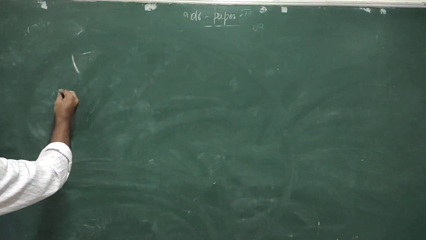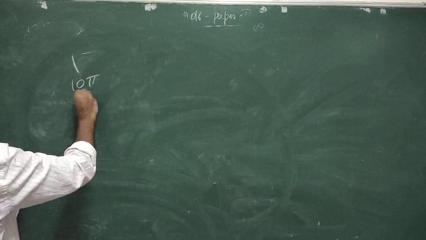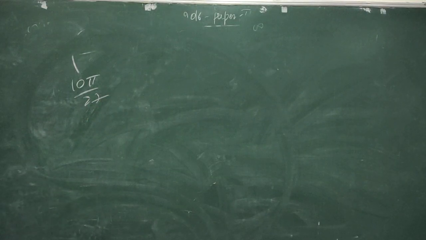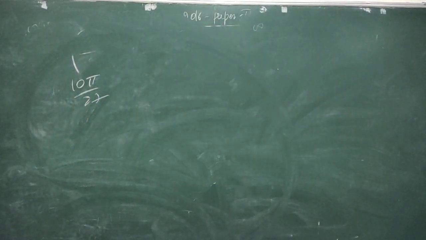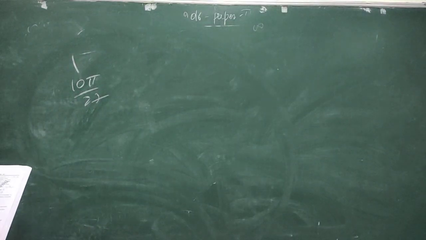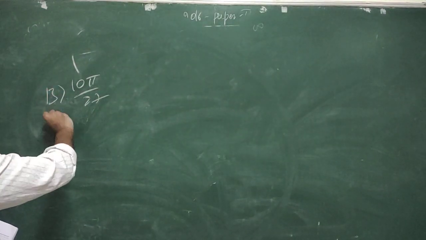So 10 pi divided by 27, option number B, which is correct.